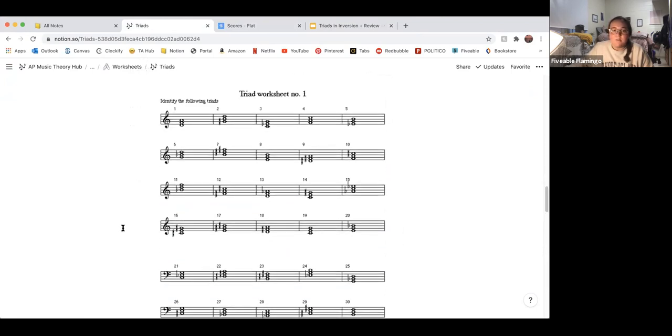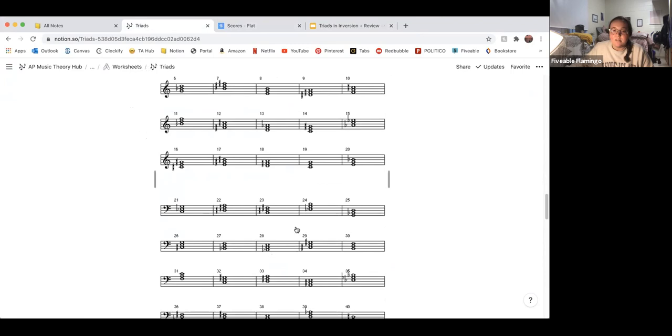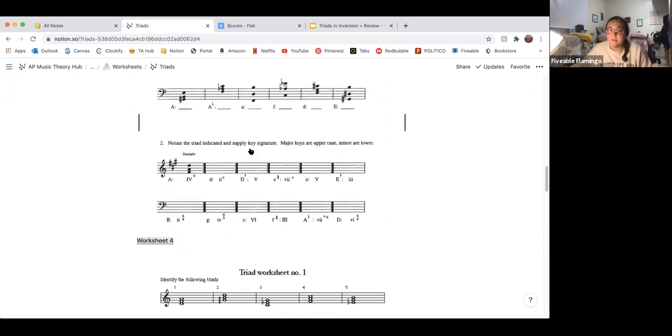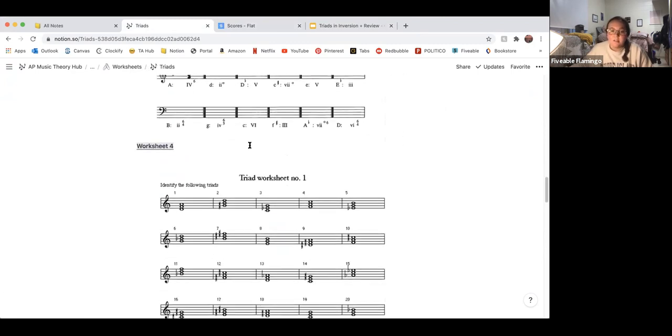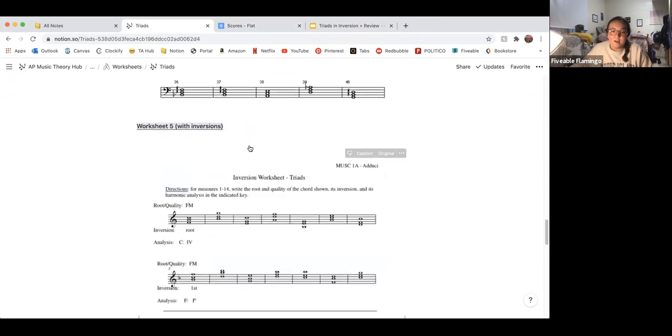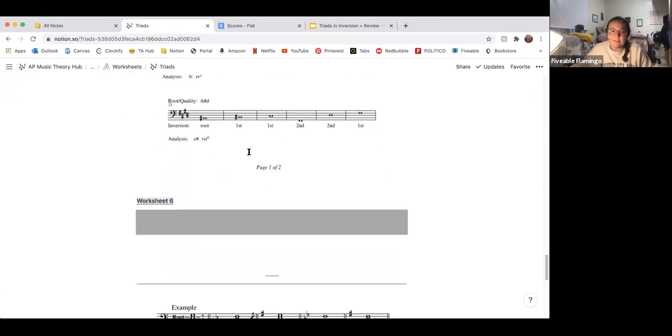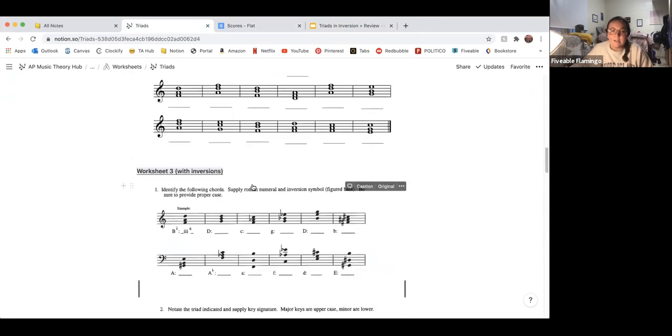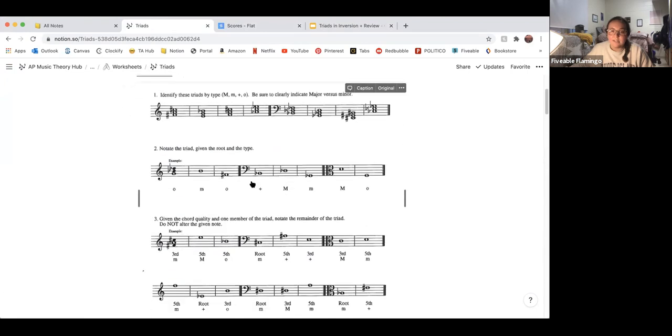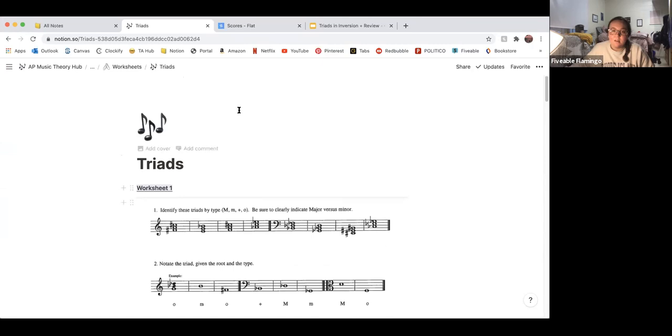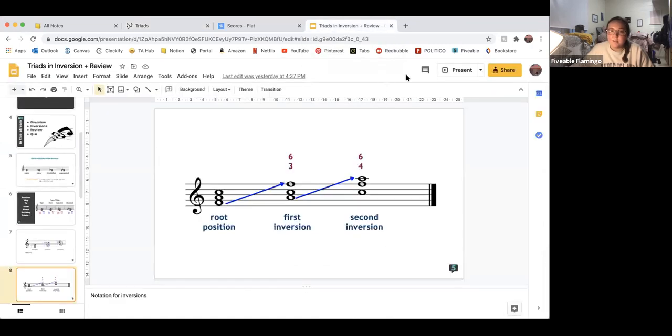This one doesn't use inversions, so if you feel you want help with regular triads, it's definitely a good one to do. But I think the first one that I gave you is probably the hardest out of all of these. So definitely go back and work on those if you feel that you need help with them.